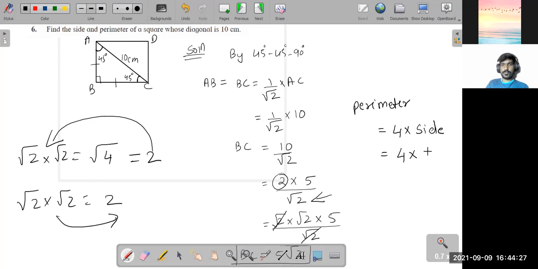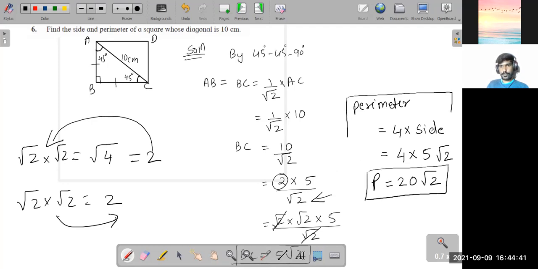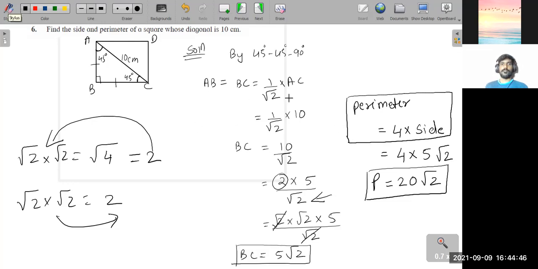And the side is 5 root 2. So 4 into 5 becomes 20. So the answer is 20 root 2. The perimeter is 20 root 2. Write down the formula. Done.